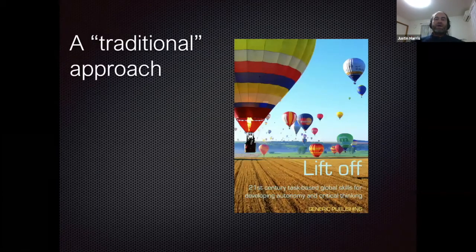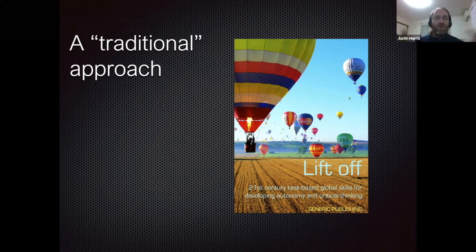Anyway, one of my hobbies is making dumb things, and one thing that I made to explain this was I imagined a traditional approach textbook by a major publisher, and I called it Lift Off. And I used all of the catchphrases that we tend to hear a lot these days: 21st century task-based global skills for developing autonomy and critical thinking.